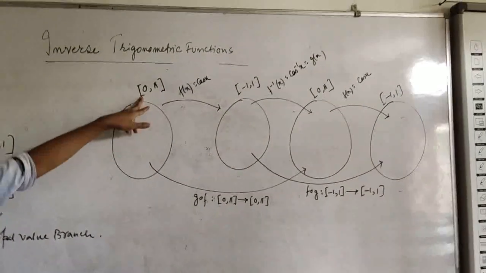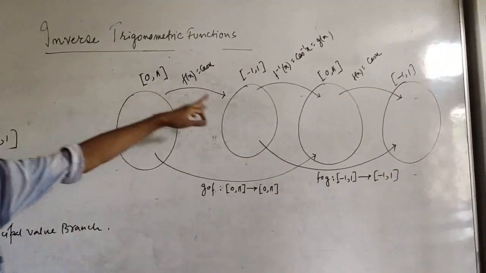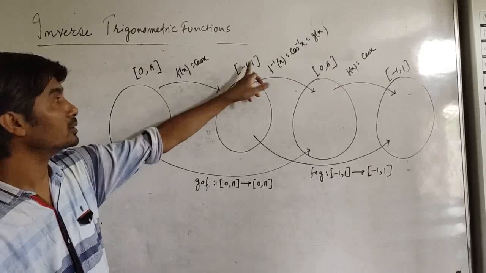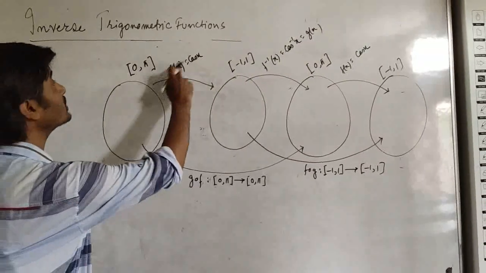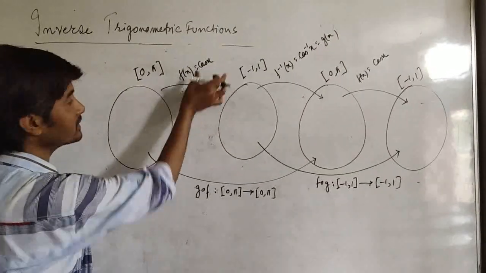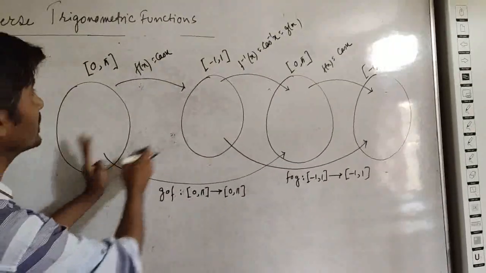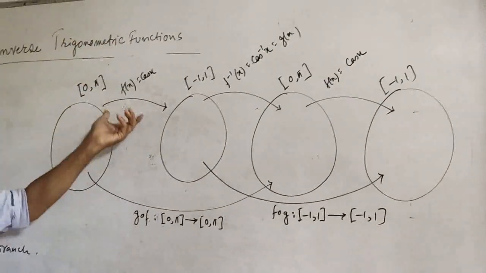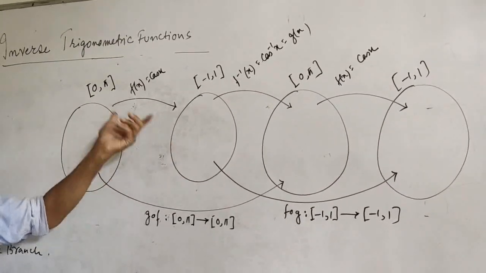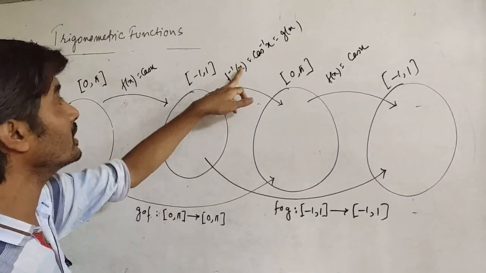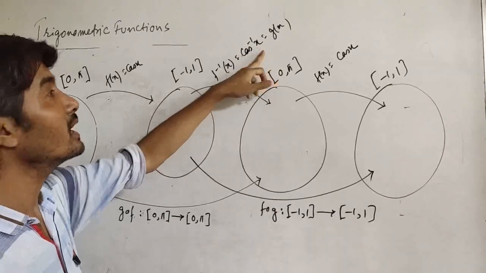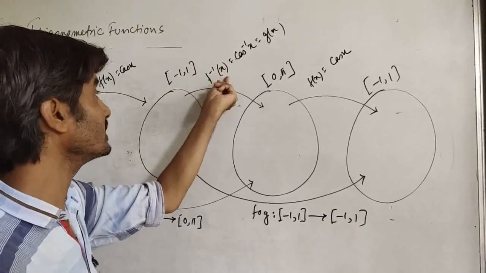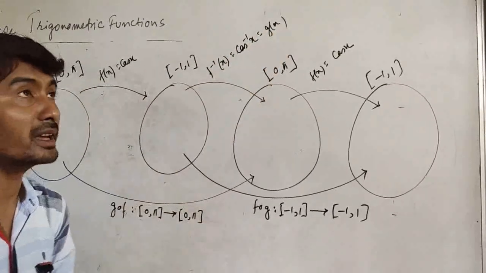So this is the closed interval 0 to pi and this is the closed interval -1 to 1, and f x equal to cos x is a function from this interval to this interval. Now its inverse, since we have seen that this is a bijective function, its inverse is your f inverse x equal to cos inverse x.